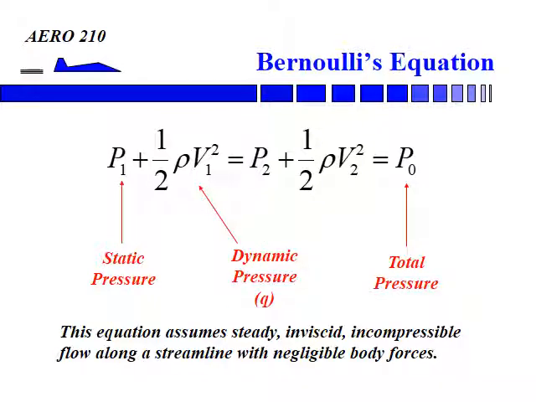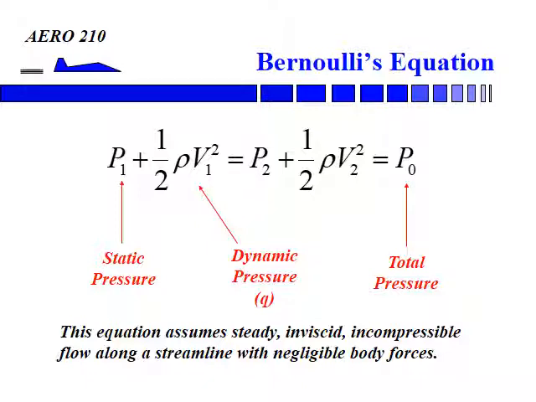Likewise, you recall that Bernoulli's equation relates static pressure to velocity by stating that the total of static pressure and dynamic pressure, with dynamic pressure being 1/2 times the density times the velocity squared, is equal to a constant we call total pressure anywhere along the streamline.